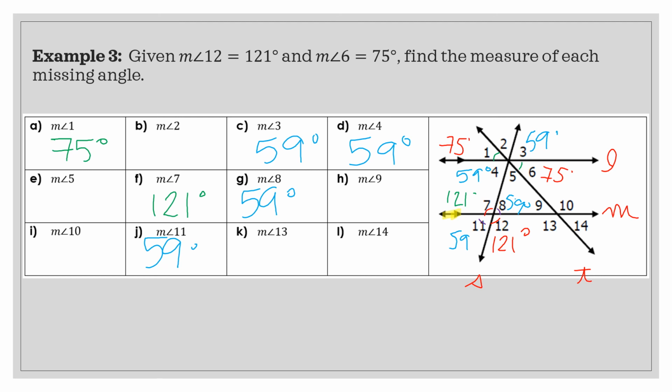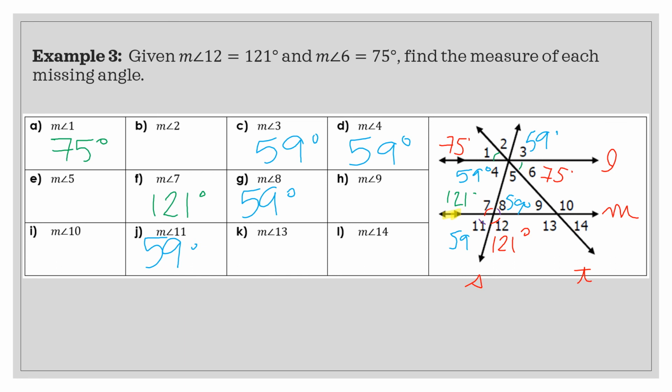All right, so now to find angle 2 and angle 5. First of all, I know angle 2 and angle 5 have to have the same measure, and the reason I know that is because they're vertical angles. To find the measure for 2 and 5, if I look at angles 1, 2, and 3, those form a line, so their sum should be 180 degrees.